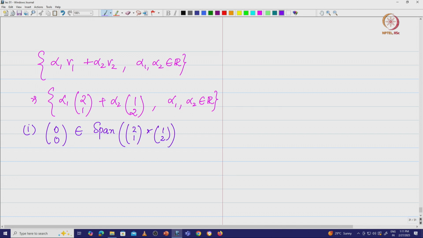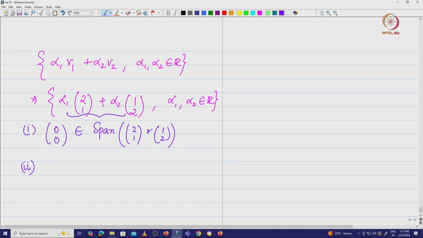That means you can write the 0 vector as a linear combination of (2,1) and (1,2). Then what you see is very interesting here. You just want to see whether the span is closed under vector addition. Of course, yes, because you take a scalar multiple of (2,1) and a scalar multiple of (1,2) and then add them. Where is this linear combination, for different values of alpha 1 and alpha 2, going to reside?